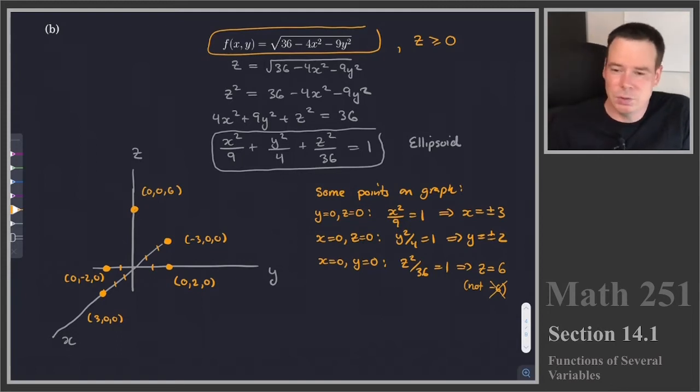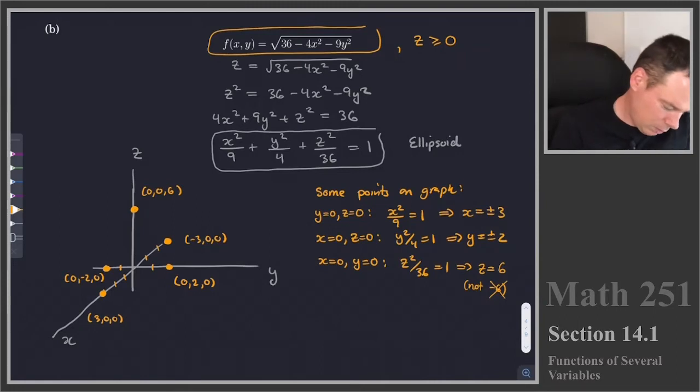And as I said, it's sphere-like. Z values all have to be positive. When we look at how it hits the xy plane, we get this shape here. It's our elliptical shape. And then these points are all connected.